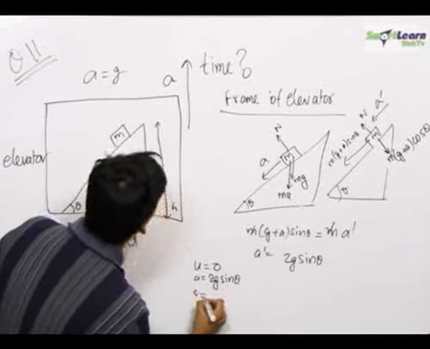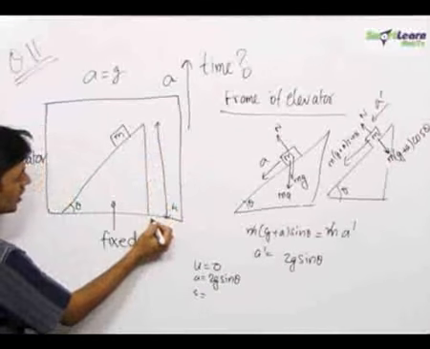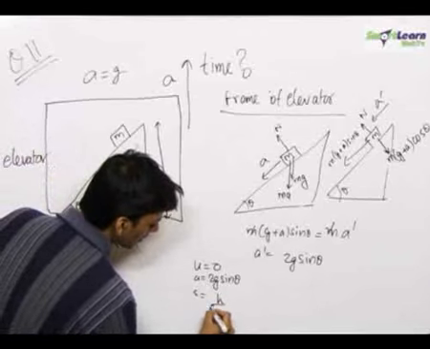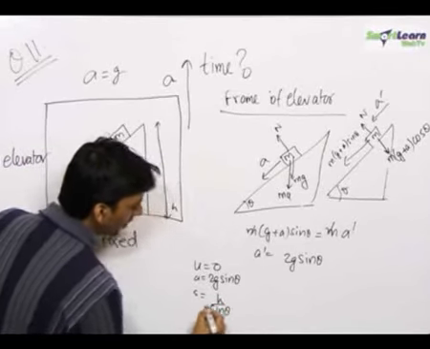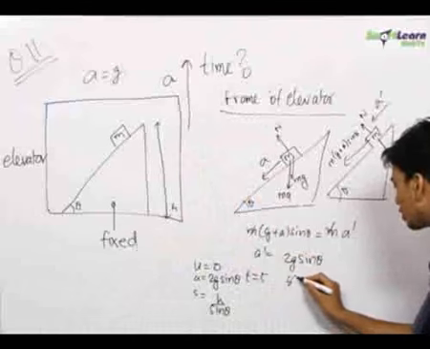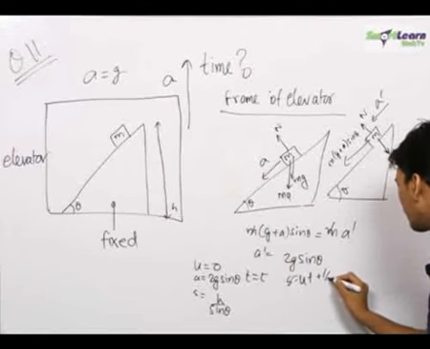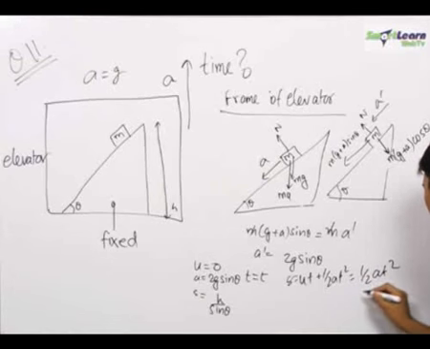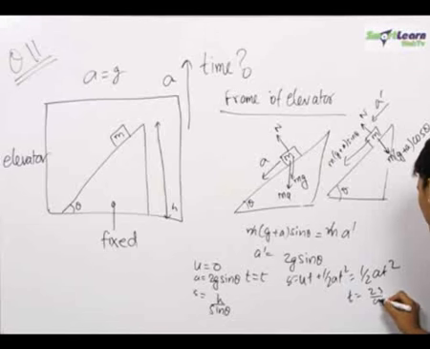We know that initial velocity was 0, acceleration is equal to 2g sine theta. The displacement is equal to, this is h, therefore this is h upon sine theta. Let the time taken be equal to t. We apply s is equal to ut plus half at square to get s is equal to half at square. Therefore t is equal to root over 2s upon a.